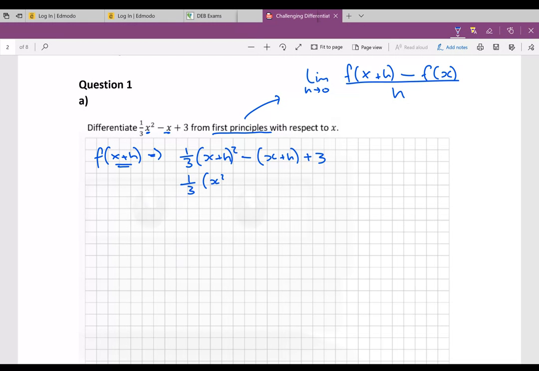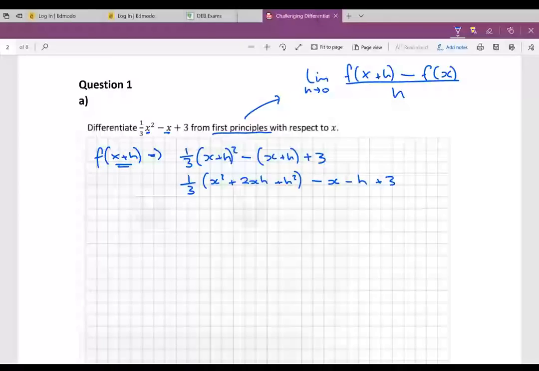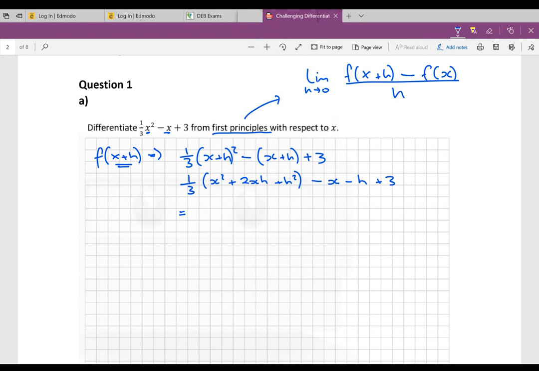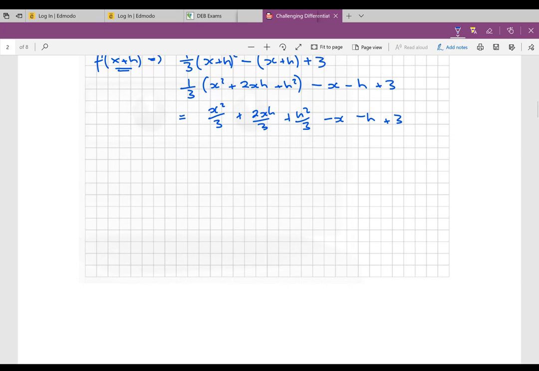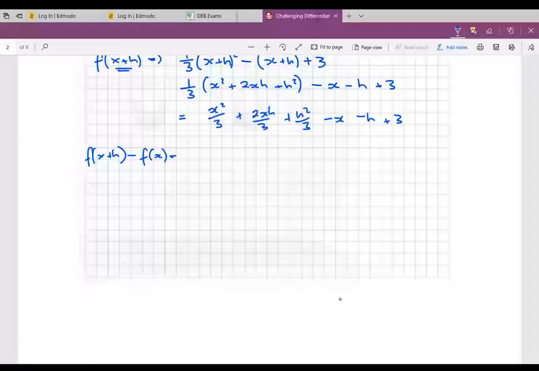That's going to be a third x squared plus 2xh plus h squared, minus x minus h plus 3, which is x squared over 3 plus 2xh over 3 plus h squared over 3 minus x minus h plus 3. Okay, then let's look at f(x + h) minus f(x).